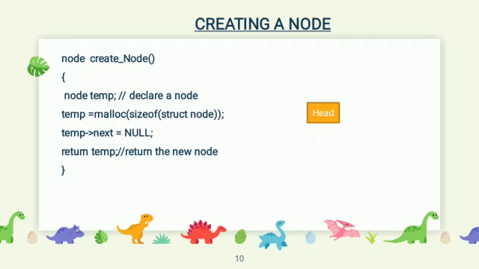Here we are creating one node, so the return type is node and my function name is create node, and I declare my new node as temp. First, we allocate memory for the head node by using the malloc function and set the next value of the head node as null. Now the new node, that is the head node, is ready to return. We return that head node as output.